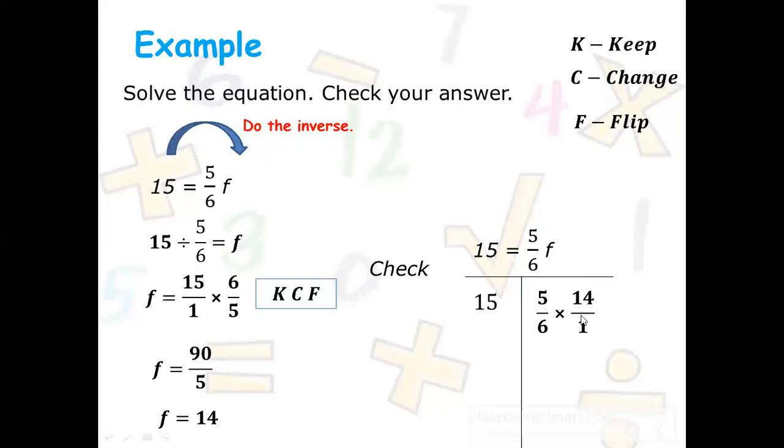Because 18 is alone, we write it as a fraction with the denominator of 1. Now, just multiply how you multiply. 5 18s will give you how much? 90. And then 6 ones will give you a 6. So 90 divided by 6 will give you 15. So that means the answer we got is right.